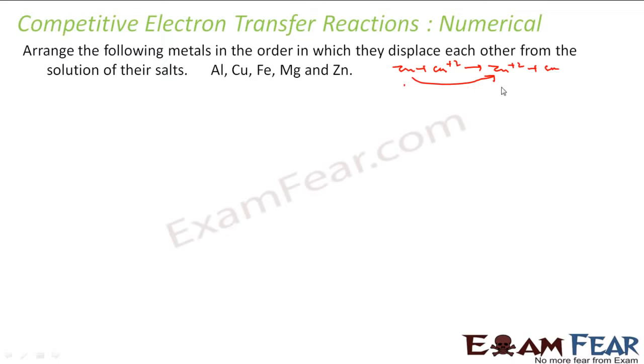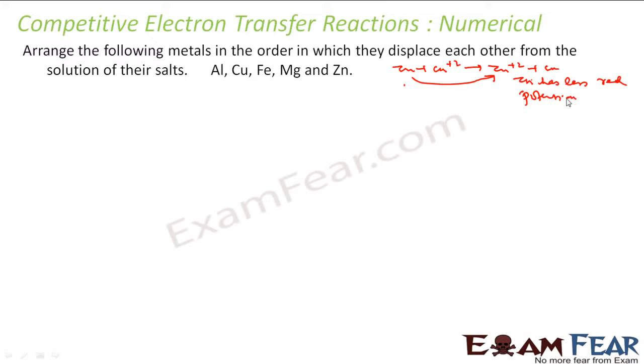That means zinc has more oxidation potential than copper, but we are not concerned about oxidation potential, we are concerned about reduction potential. Zinc has less reduction potential than copper.